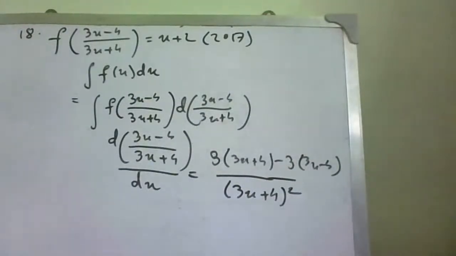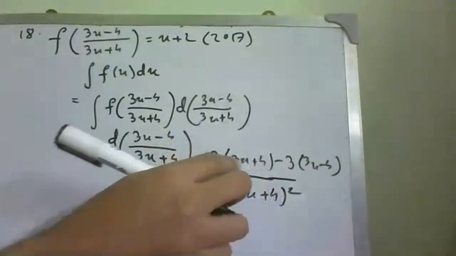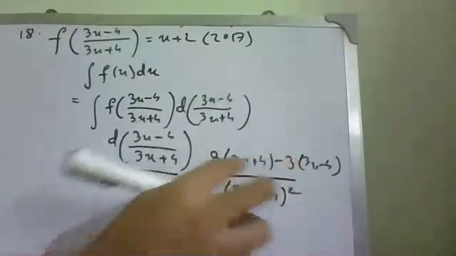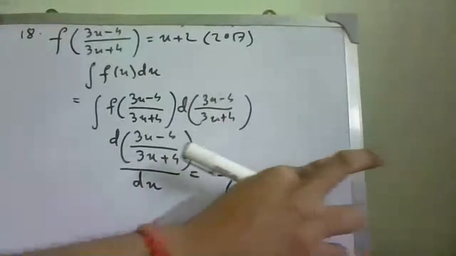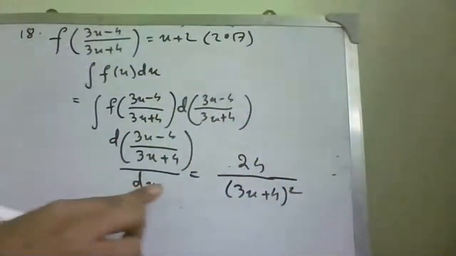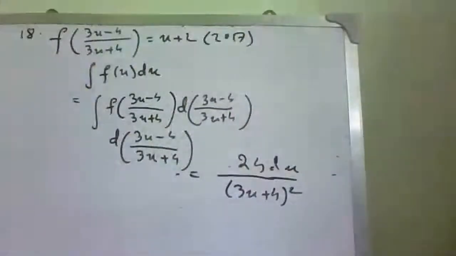Okay, so 9x is getting cancelled with 9x. So there is 12, 12 plus 12 is 24. So this is basically 24 over 3x plus 4 squared dx.